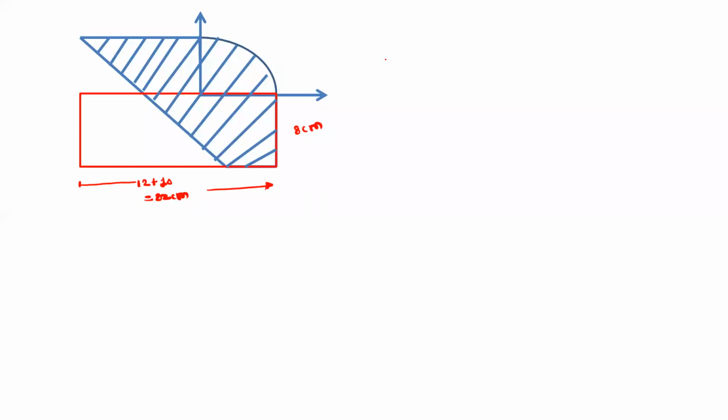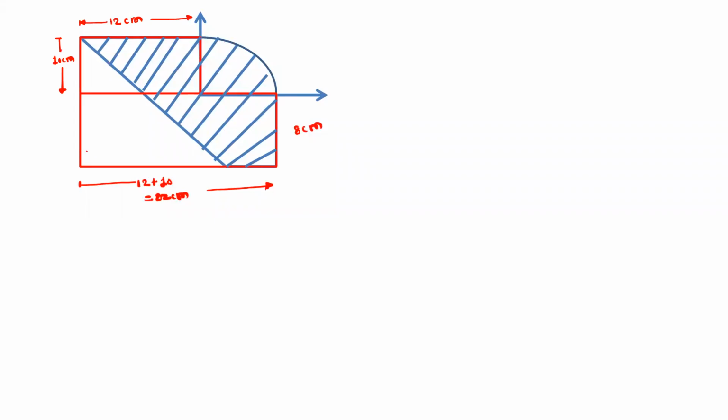Then the second standard geometry we can select. So this is rectangle 2. This rectangle 2 will have the dimension. This length is 12 centimeter, which is given in the problem. And this height is equal to 10 centimeter. So this 10 centimeter is nothing but the radius of this quarter circle.